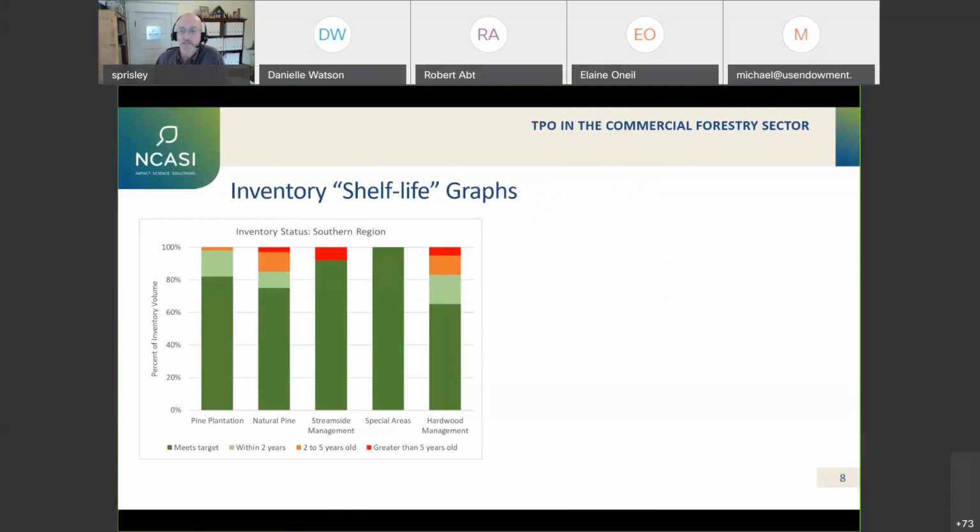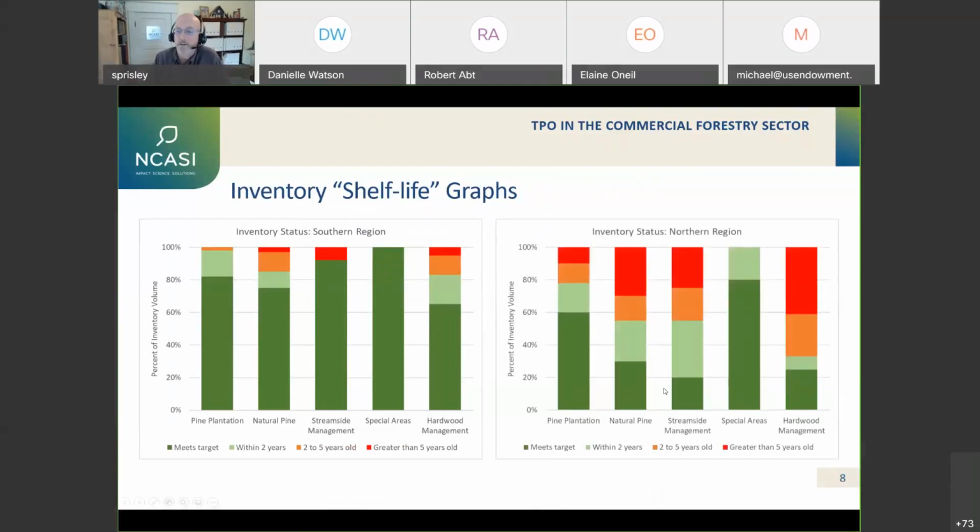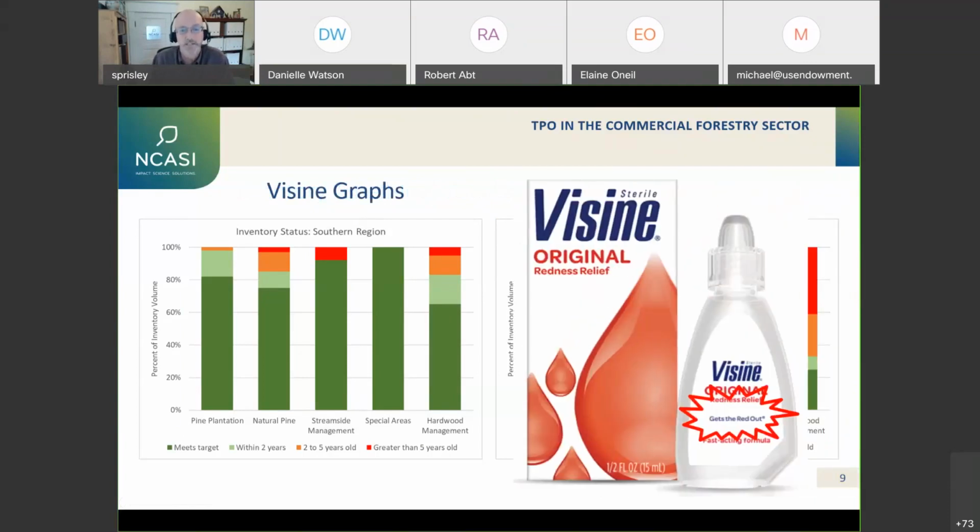So we developed a series of graphs to depict what proportion of the volume in our inventory came from out-of-date inventory measurements. And we did this by management program and by region. And it became readily apparent where we had issues. So my boss, Brian, took all these charts and made a presentation at a manager's meeting. And the graphs quickly acquired a new name there. They became known as the Visine graphs, because as you know, Visine gets the red out.